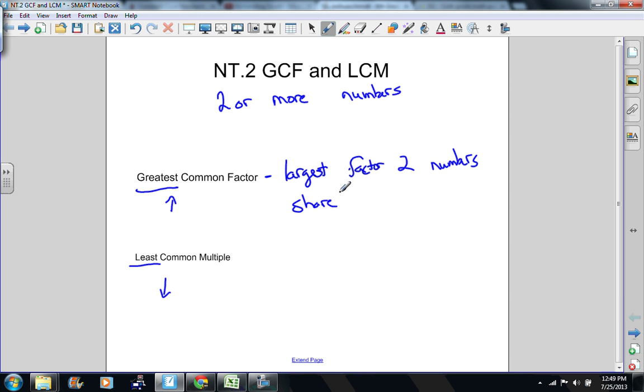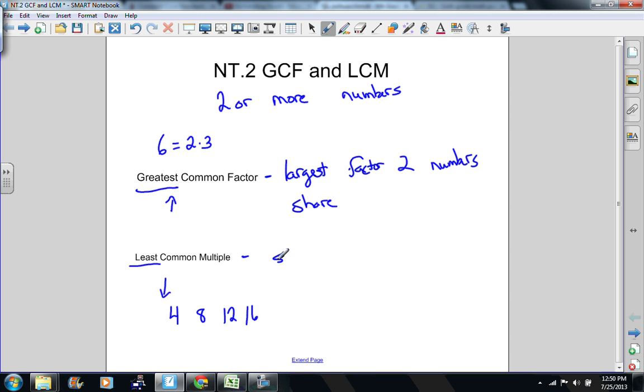And remember, factors are the numbers that create it. So like for 6, the factors would be 2 and 3, also 1 and 6. Okay, so factors are numbers that are smaller. Least common multiple, then, are numbers that are bigger. So like if we're looking at the number 4, a multiple would be 8 and 12 and 16.